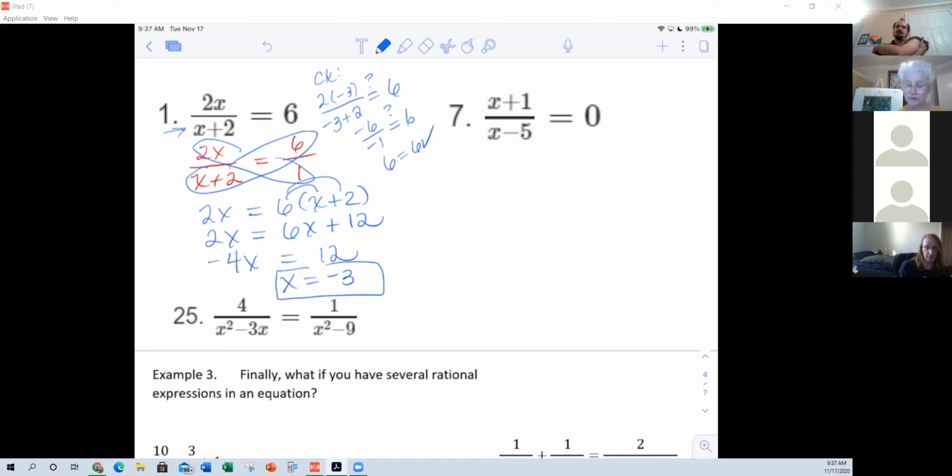Okay, so the numerators, remember, if it's set equal to 0, the numerator is all we have to worry about as long as it's simplified, right? I don't see any point in simplifying it right now. You can't, this is fully reduced. You can't do anything more with it. So then what would you do?